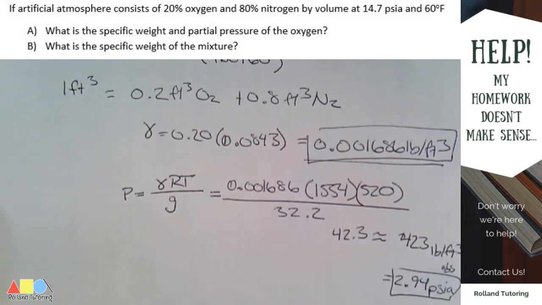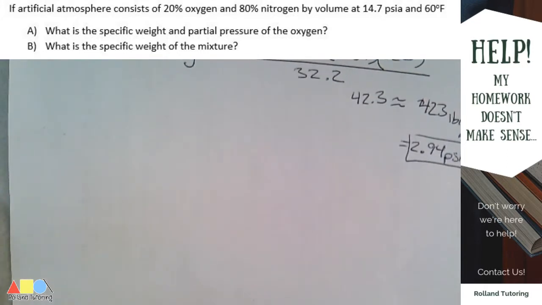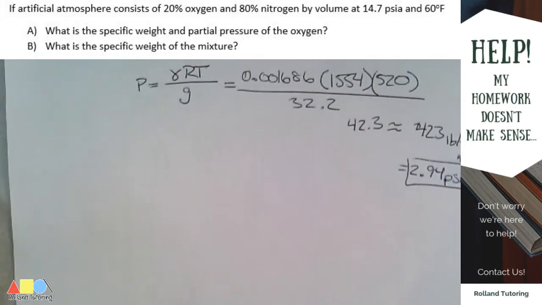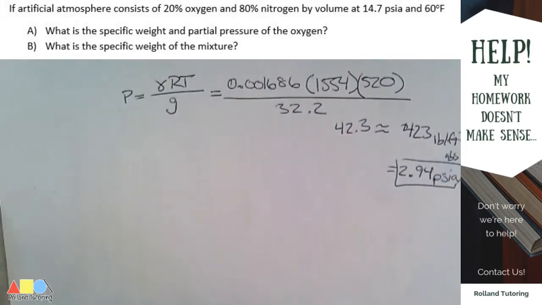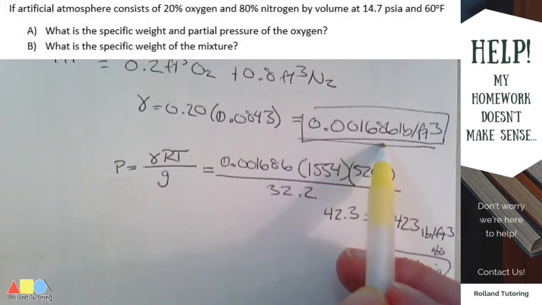Now we can move on to problem B, which is the specific weight of the mixture. We can do that by finding our nitrogen, because we already found the first part, our 20% here.